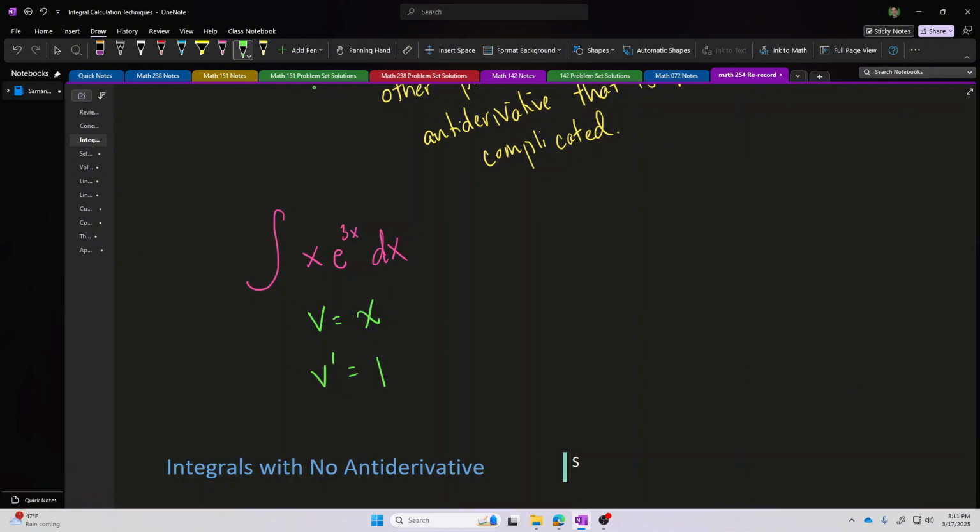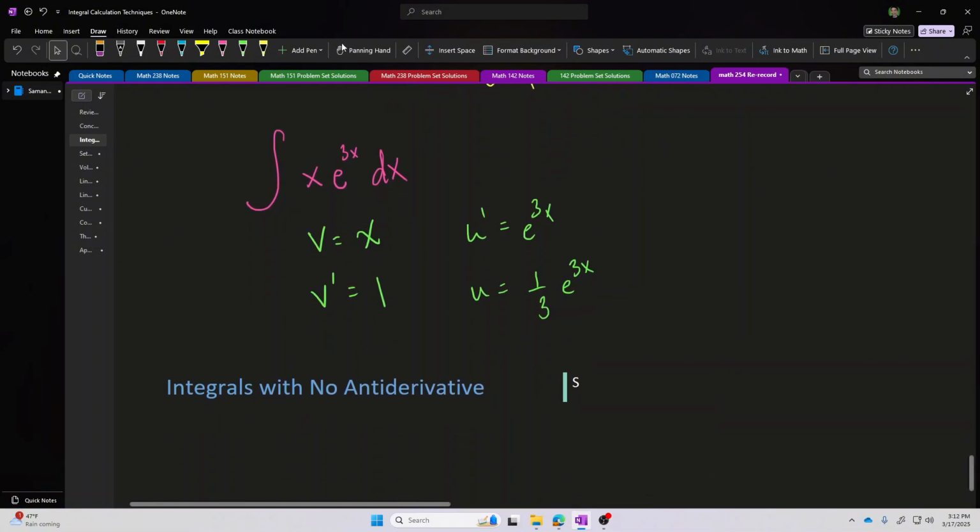So that's really, really simple. And then the other piece of this product here, e to the 3x, has an antiderivative that is not much more complicated than the original function. Using substitution, the antiderivative is 1/3 e to the 3x.